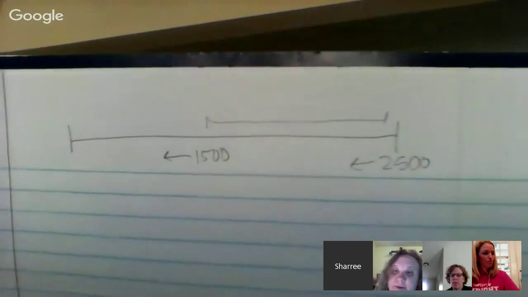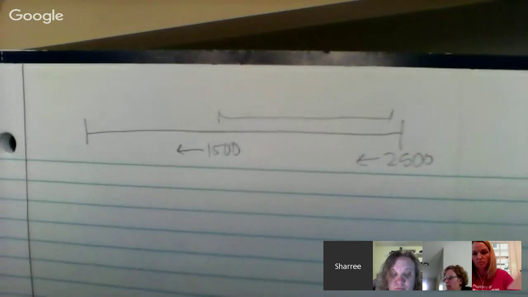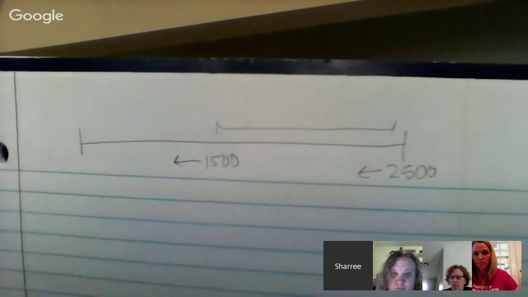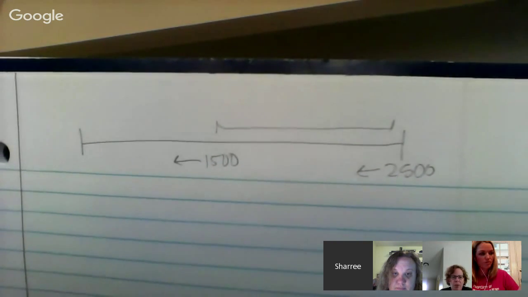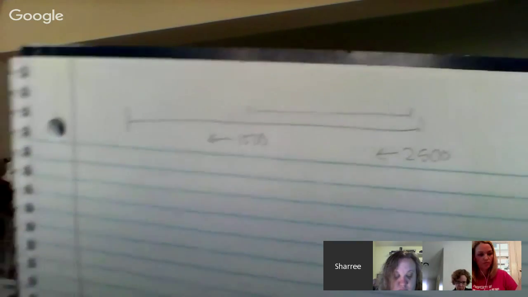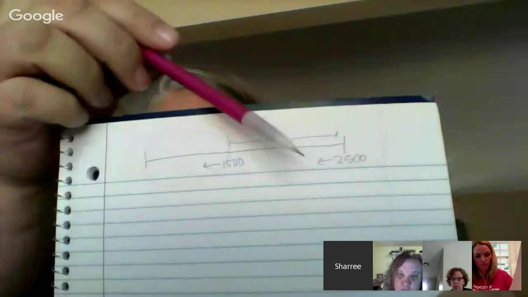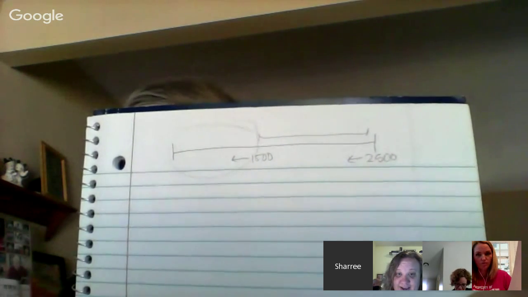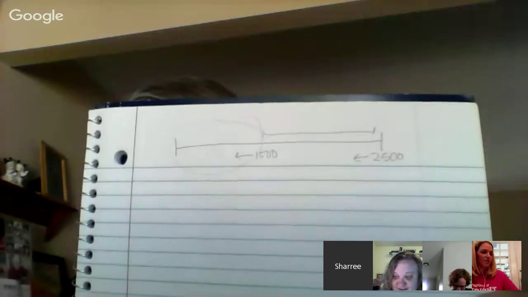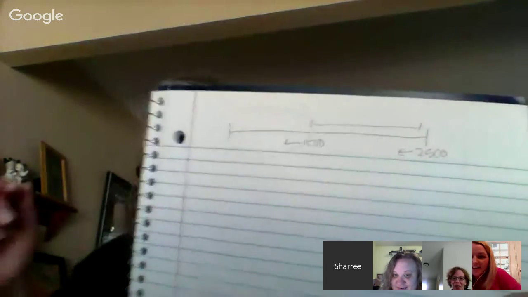Okay, can you see that now? So you have the probability for less than 2,500, and we have the probability for less than 1,500. All we have to do is get rid of the less than 1,500 portion, because we don't care about that part. My probability for 2,500 was 0.878.